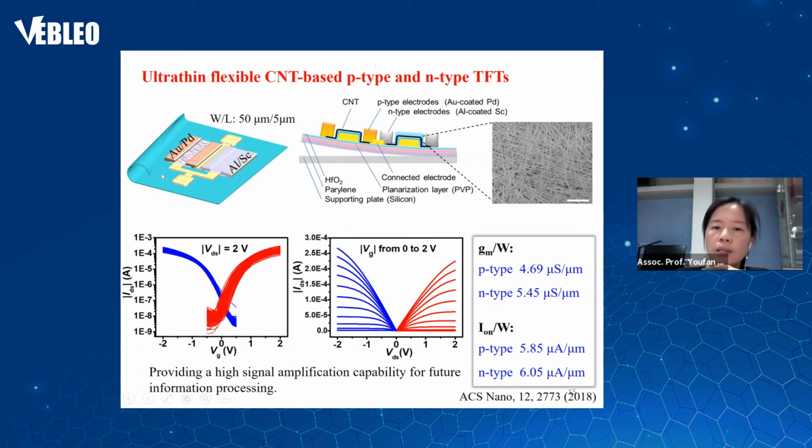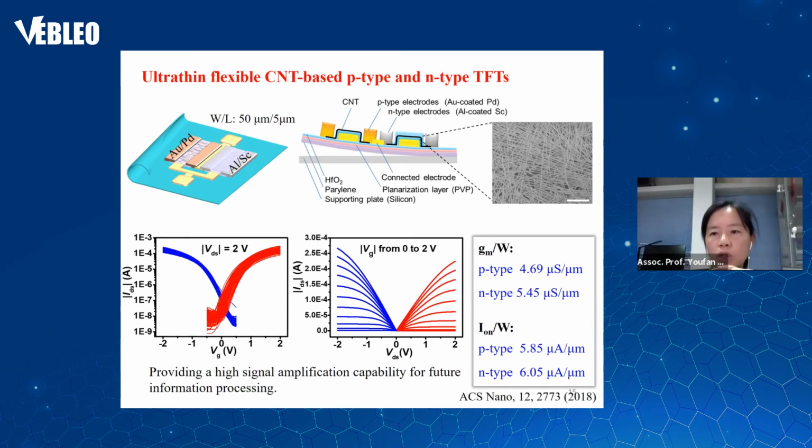In this case, we checked the performance of our device, and it shows very high transconductance, which is the highest one achieved for this kind of device on flexible substrate with the channel length more than 1 micrometer.